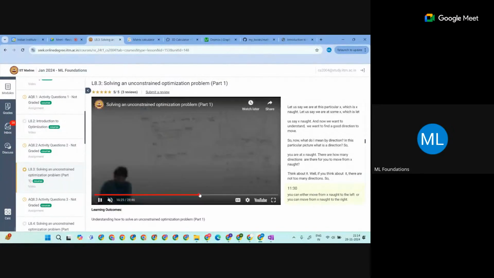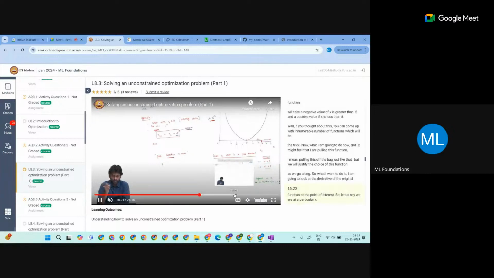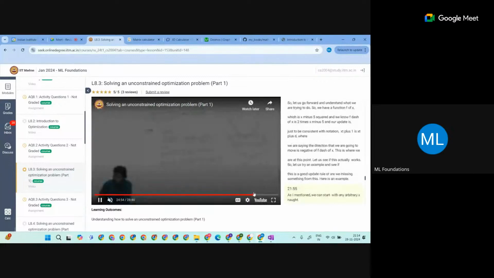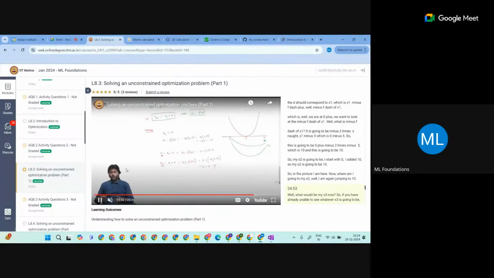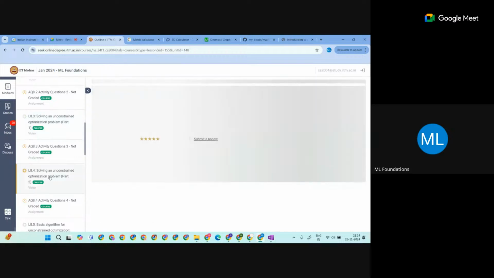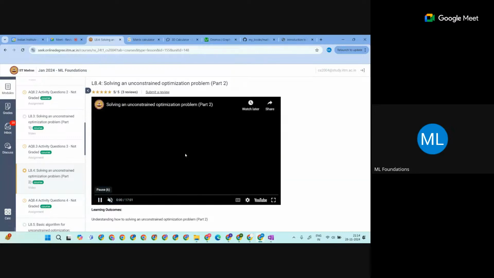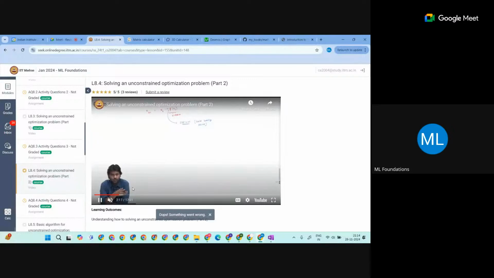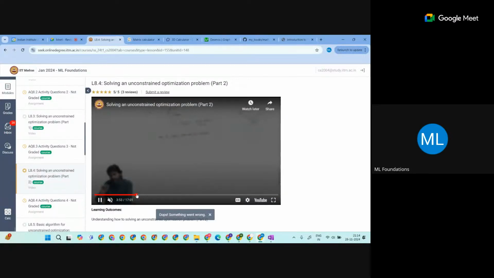Okay, so this is unconstrained. All of this is actually suggesting that we do an algorithm, the gradient descent algorithm. So that is how the sir is creating a base.